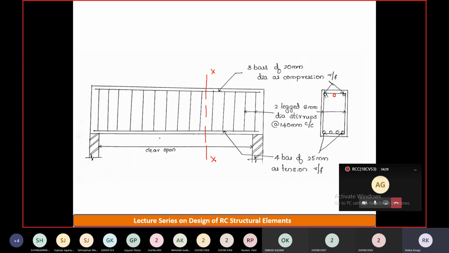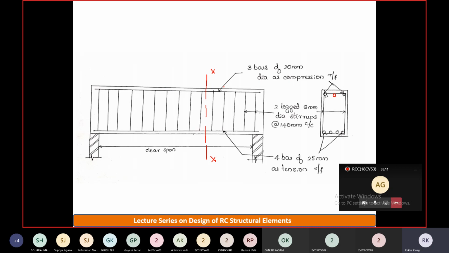Now here at the bottom, as we have discussed in the previous design for the singly reinforced rectangular section beam, at the bottom we have the tension reinforcement, that is 4 bars of 25 mm diameter as tension reinforcement, and the same bars in the cross section will look like dots. There are 4 bars and here it looks like a single line in the longitudinal section, and at the top we have the compression reinforcement instead of hanger bars for the doubly reinforced rectangular section beam.